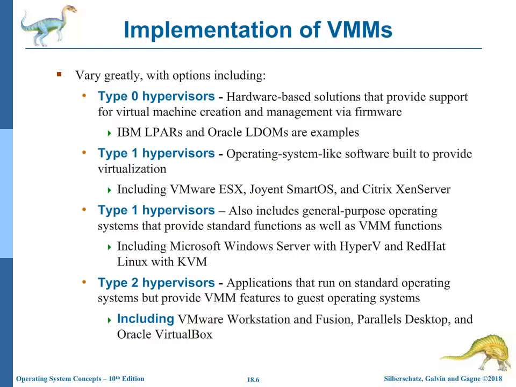Type 1 hypervisors significantly reduce the attack surface over Type 2 hypervisors by limiting access to the hypervisors to only system administrators, preventing end users and user applications from tampering with the hypervisor.